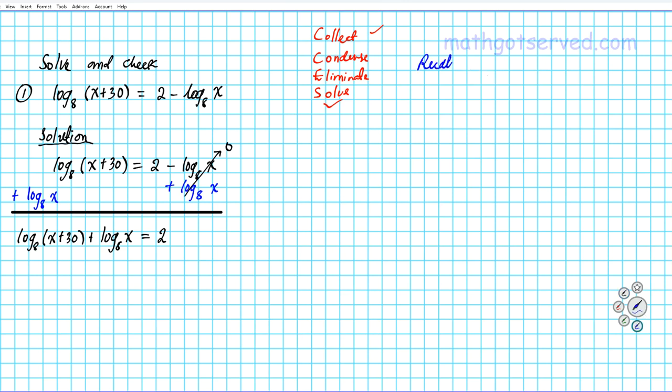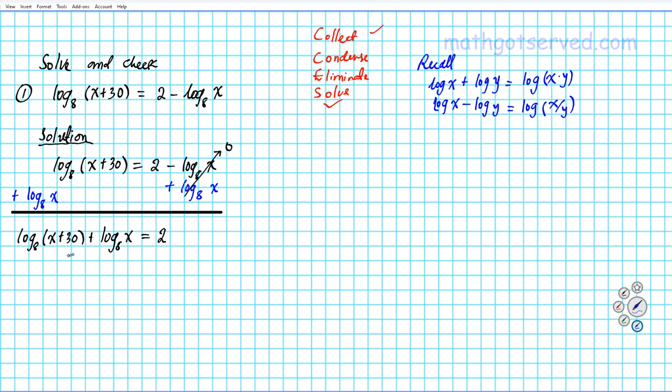If you have log of x plus log of y, it's equal to log of the product of the log arguments, okay? And then if you have log of x minus log of y, guess what that's going to be? It's going to be the quotient, right? These are known as the product and quotient properties of log. So we're going to use the first one, the product property.